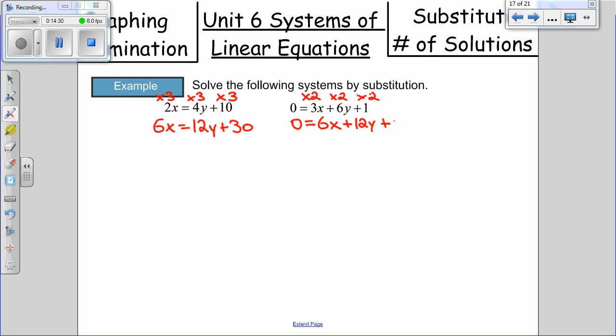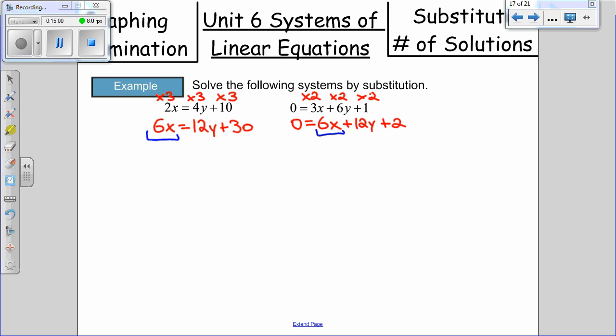Now you'll notice here that something is different. We have to write these things one on top of the other, but when you do that, you also want them to be in the same order. On the left one, the x's are on the left side of the equal sign, but on this one, the x's are on the right side of the equal sign. Whenever you're using elimination, they have to be on the same side as each other before you start eliminating variables.